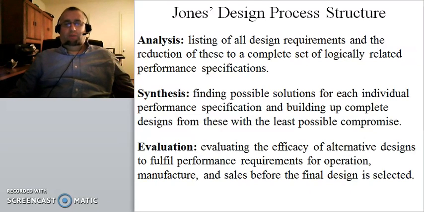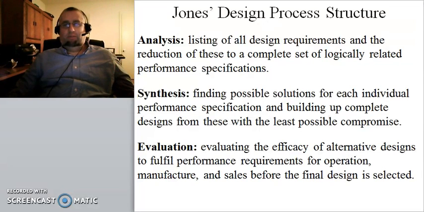I selected this one because it was essentially the most simple of the various design processes described in our textbook. So there's 3 stages: analysis, which is the listing of all design requirements and the reduction of these to a complete set of logically related performance specifications. So that's the step where you would work with a customer to define the customer needs.